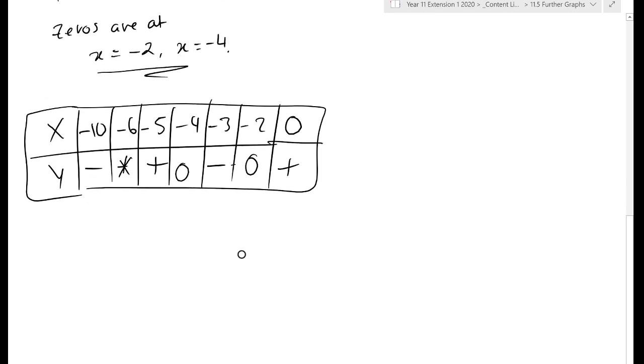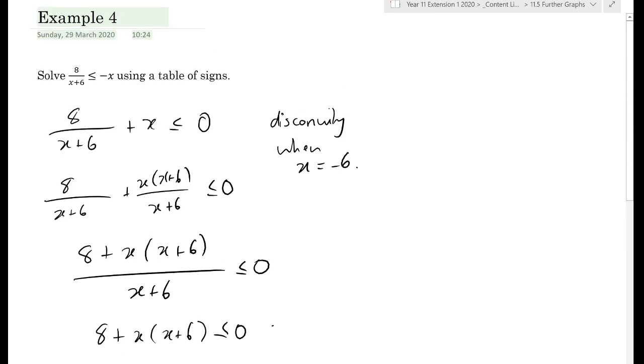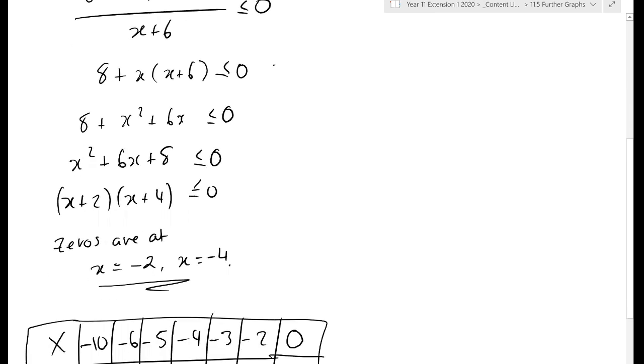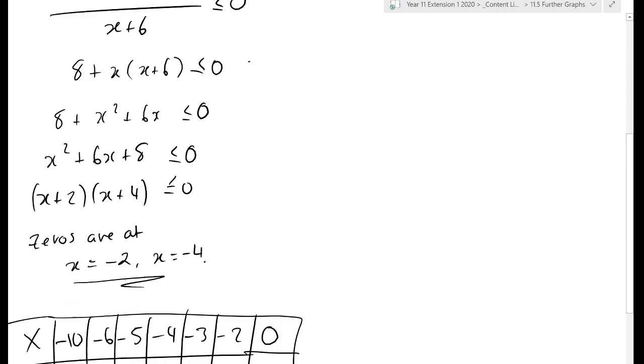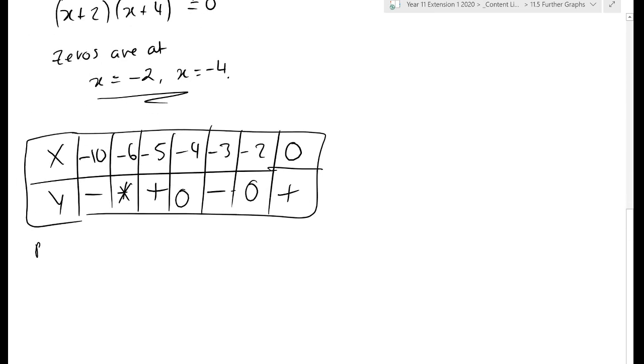Now, what we need to do is solve it for when it is less than or equal to 0.